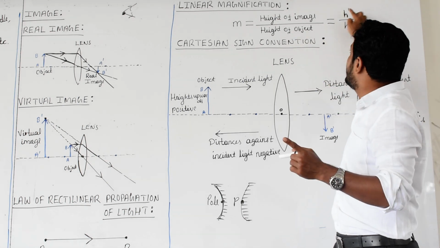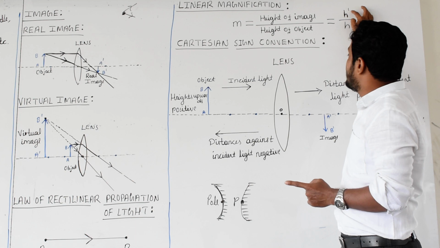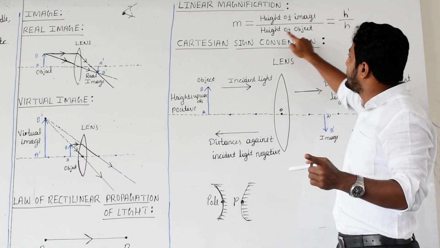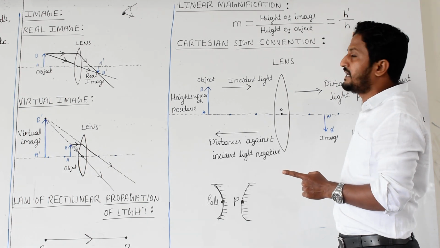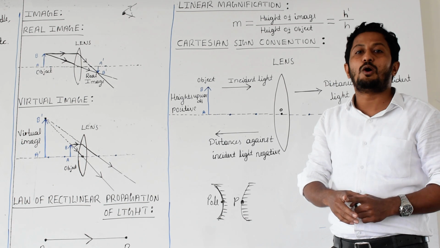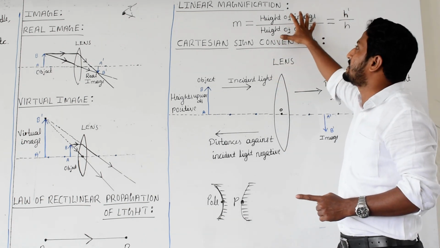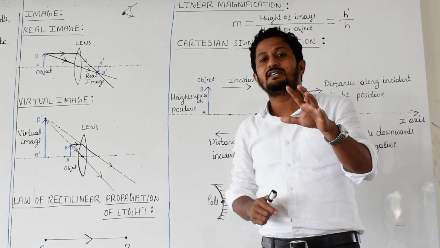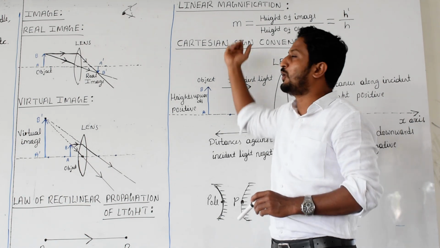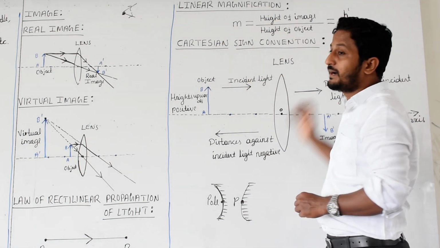The height of the image we represent with h dash. That dash indicates image height. And the height of the object we indicate with small h. Small h is the height of the object, small h dash is the height of the image. This is about linear magnification. We represent it with the small m symbol. m is equal to h dash by h.